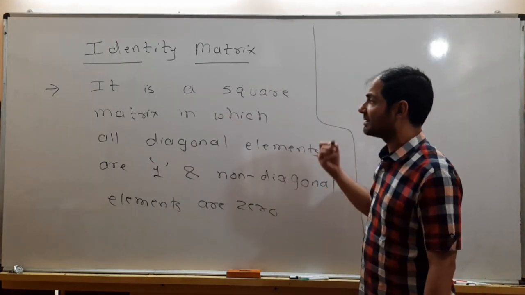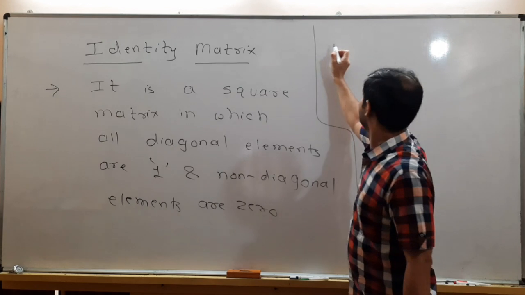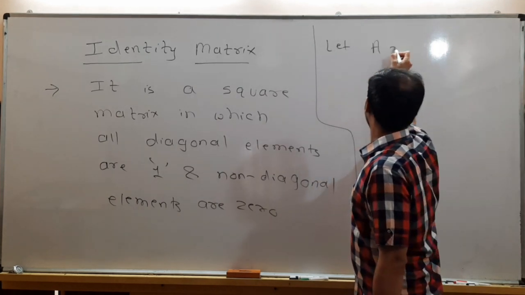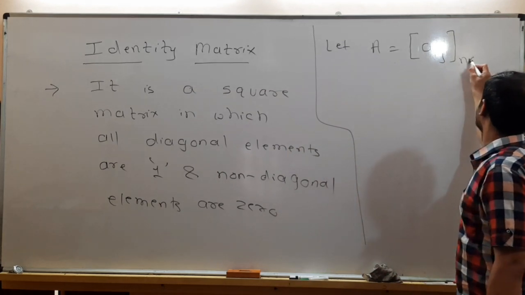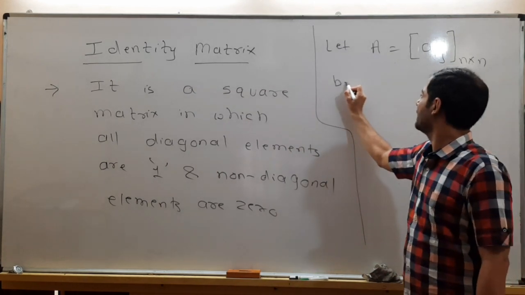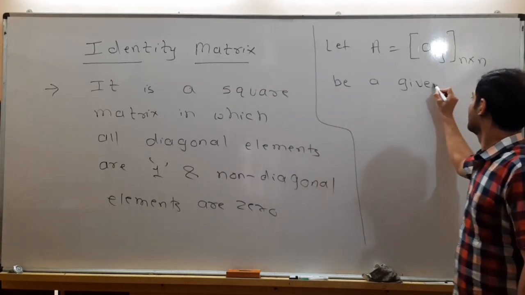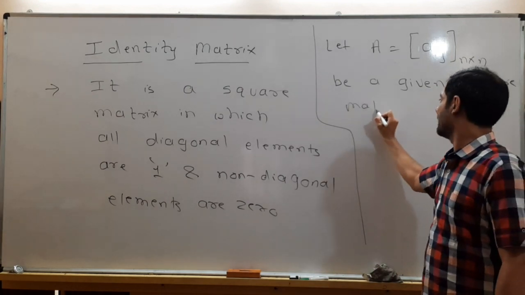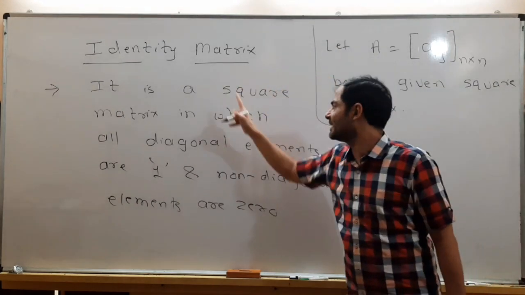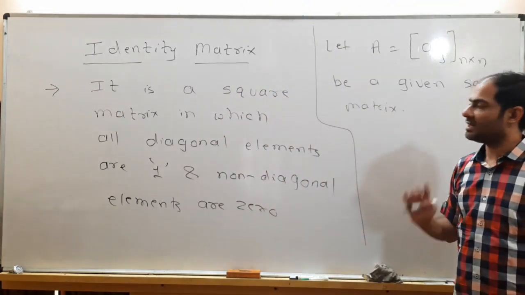Suppose we want to write the theoretical definition. I will write, let A is equal to Aij n cross n be a given square matrix, because for a matrix to be an identity matrix it has to be a square matrix.